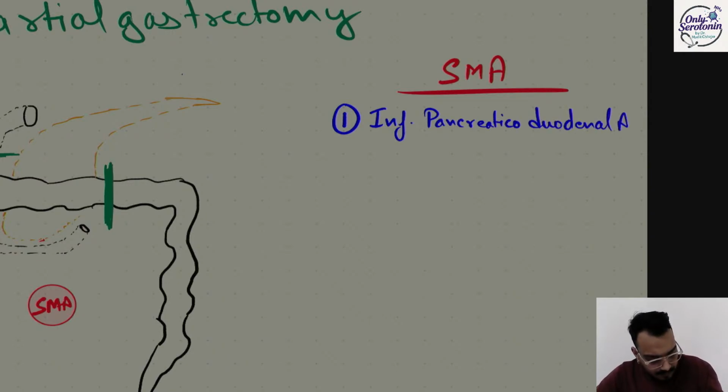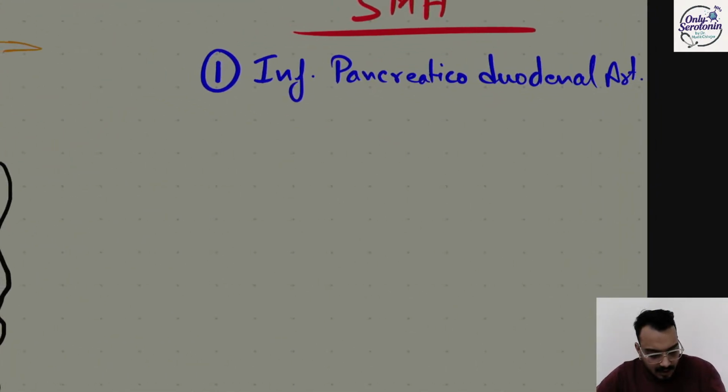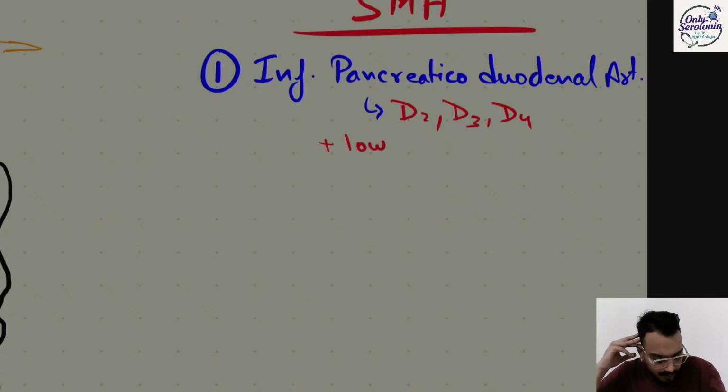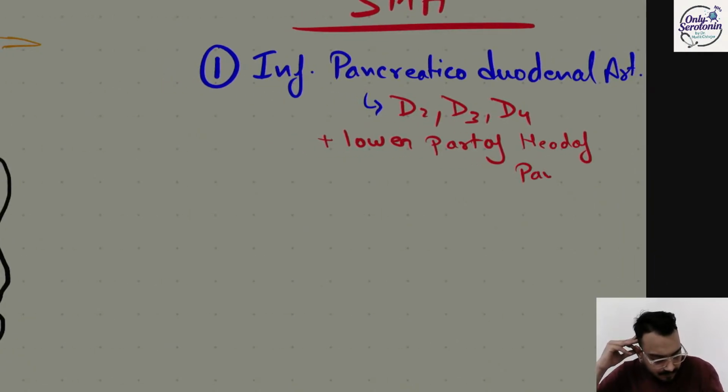This inferior pancreaticoduodenal artery is going to supply D2, D3, D4, as well as the lower part of the head of the pancreas. That is my first artery.